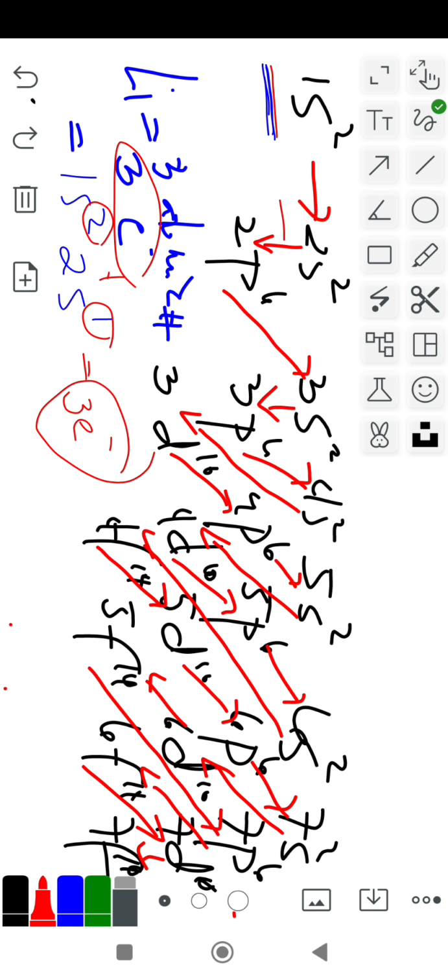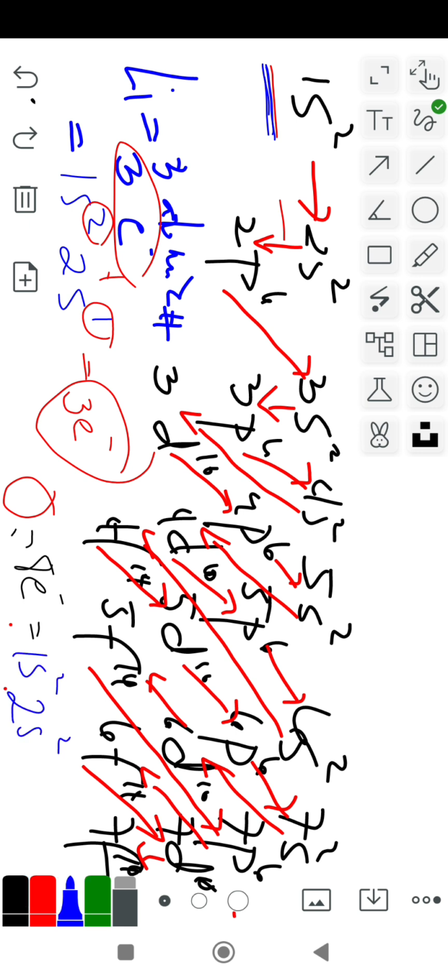Next example, let's have oxygen. Oxygen has 8 electrons. So we have 1s2, 2s2. Next is 2p6.